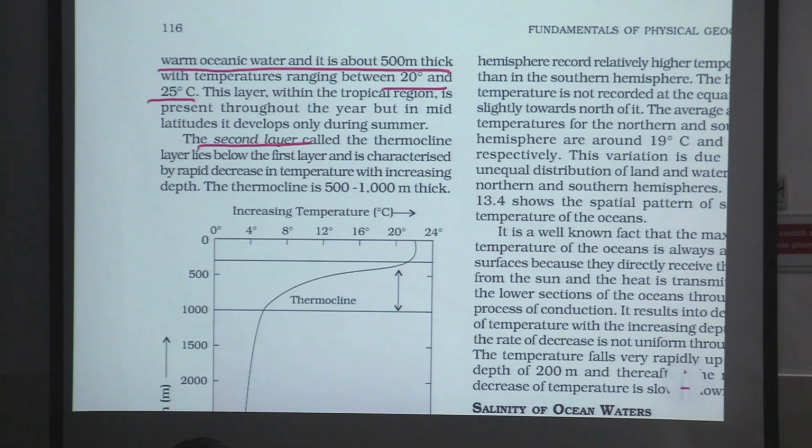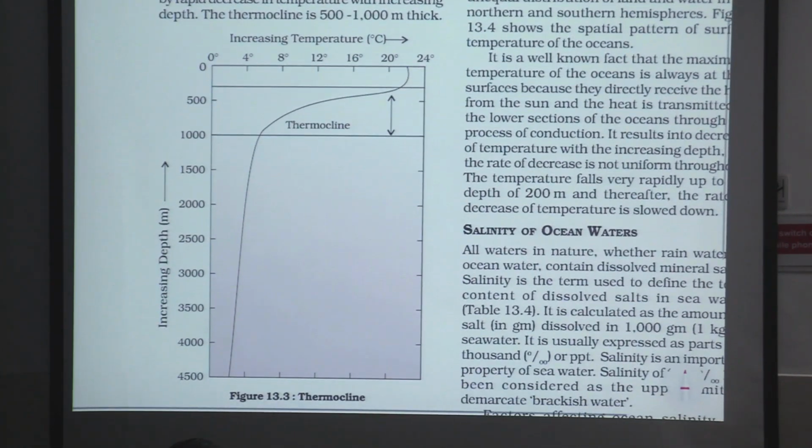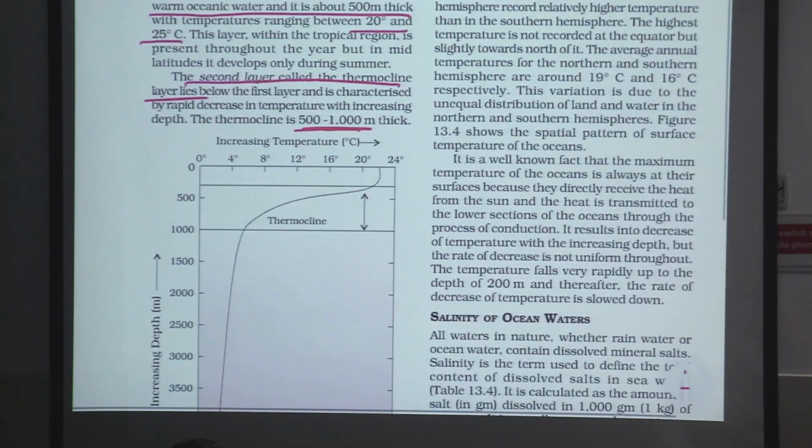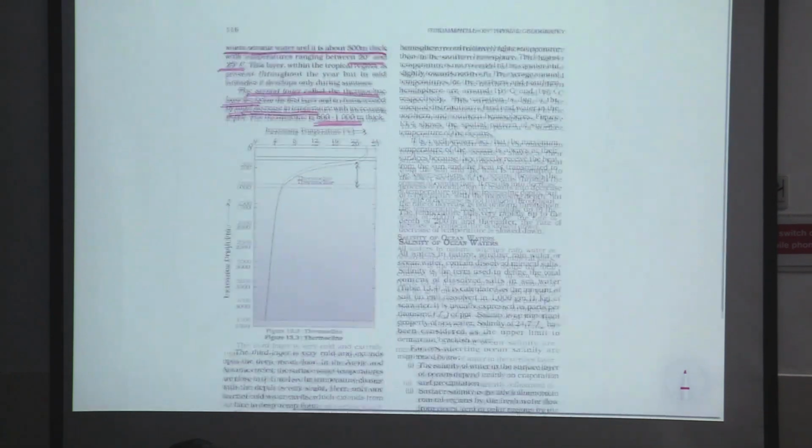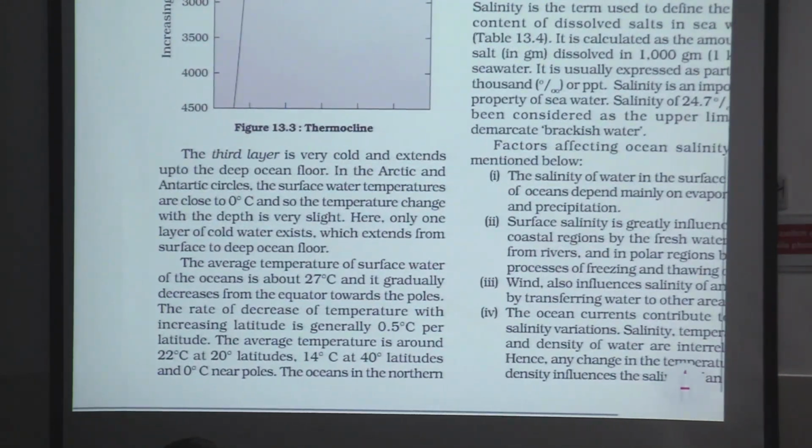The second layer is called thermocline, 500 to 1000 meters thick. Temperature will rapidly decrease. The third layer is cold and extends to the deep water, where the temperature can be 0 degrees or less than this.